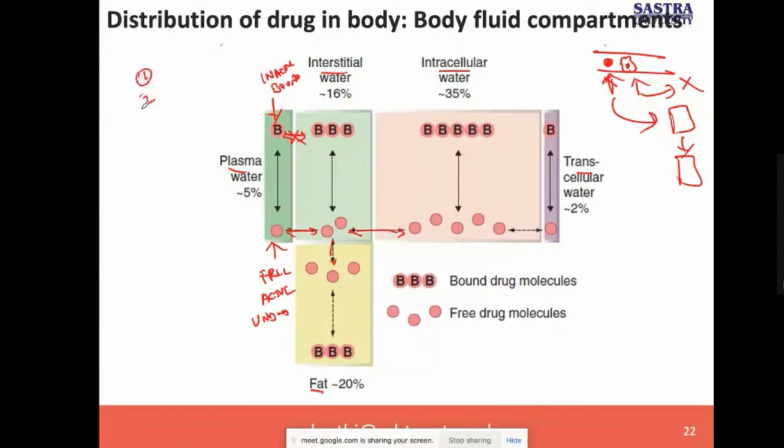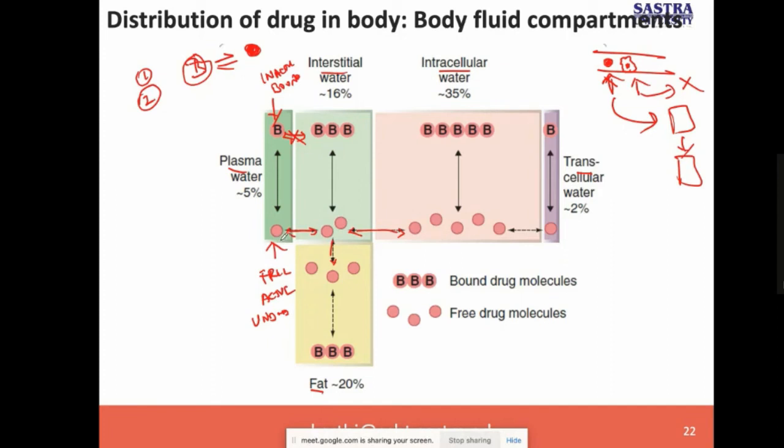Second point: this bound form or active form of the drug molecule is not permanent. They have an equilibrium, which means that the drug molecule bound to the protein will be released and converted into free form at some time. That free form can be transferred from one compartment to another. To summarize, the free form can be transferred between compartments, and the bound form cannot.